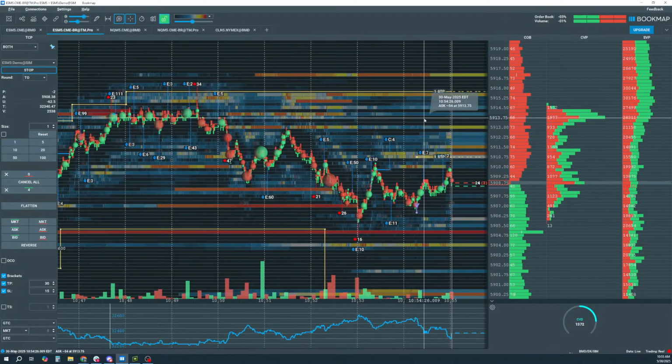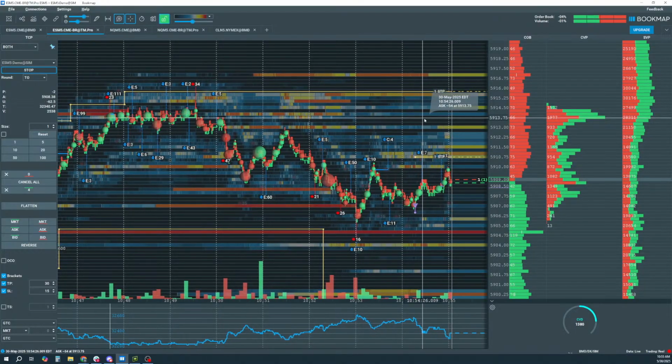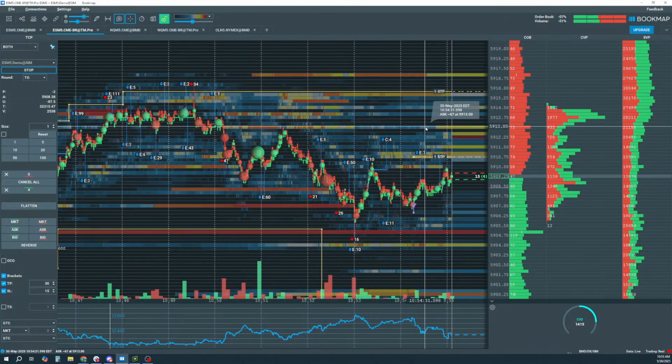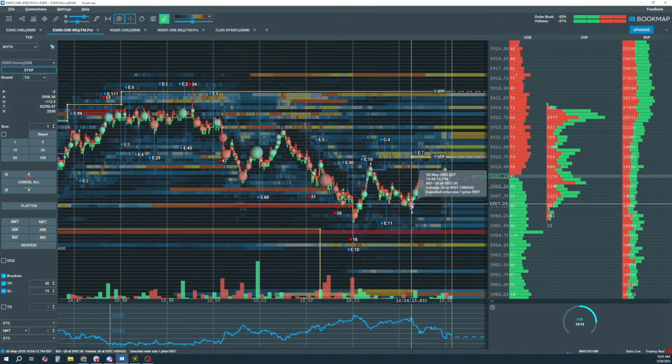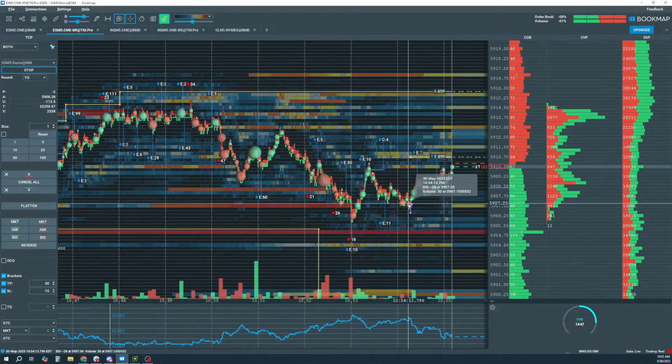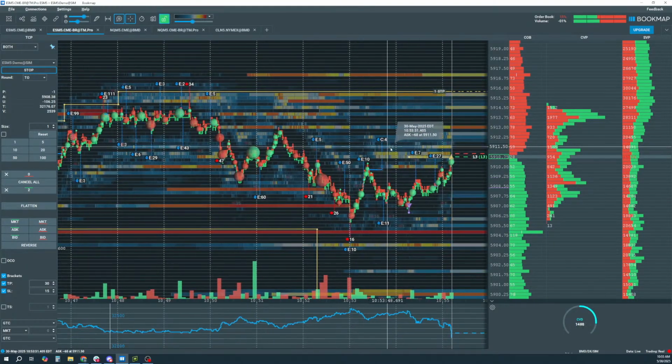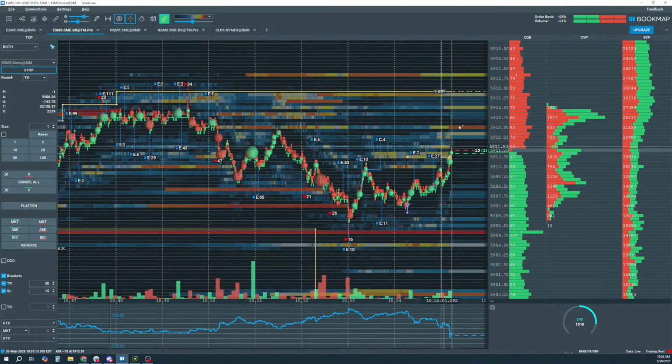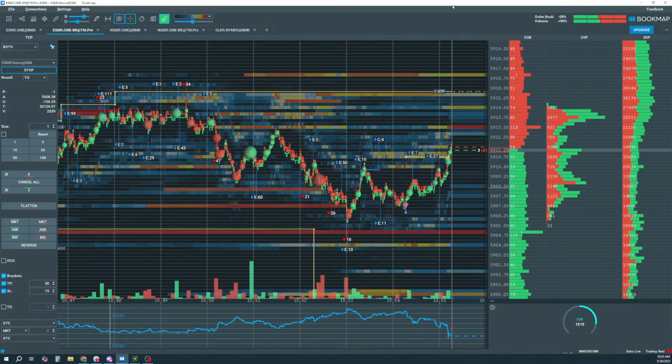Okay, pretty choppy. We did not get, I was looking for follow through immediately here after this pullback. Okay, so we got stopped out on that position, but our bigger position still remains.